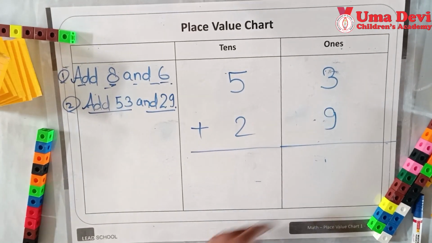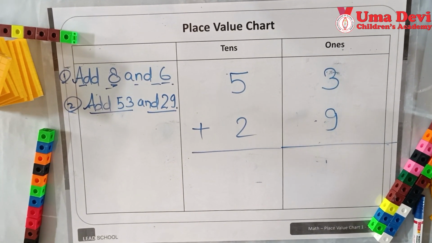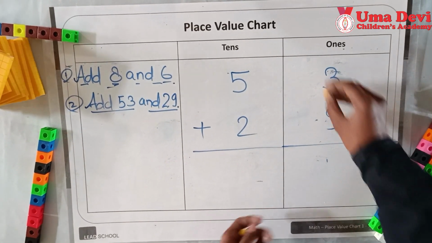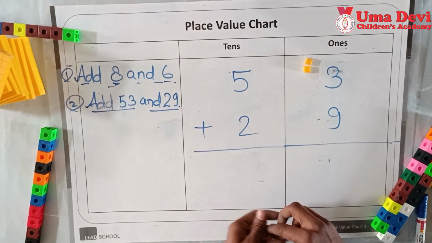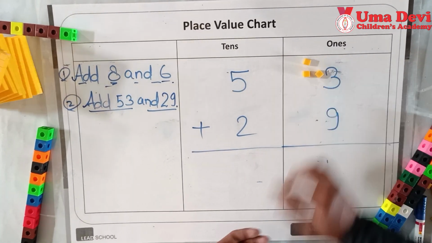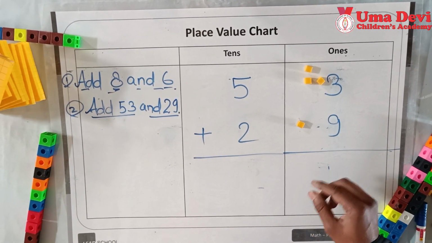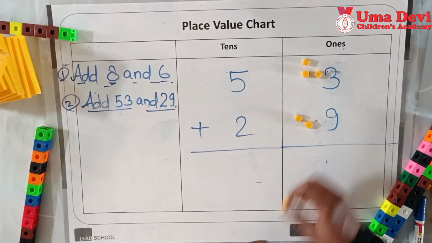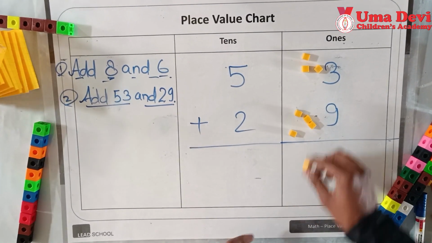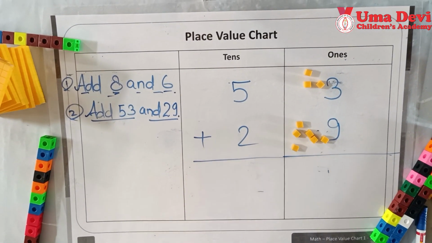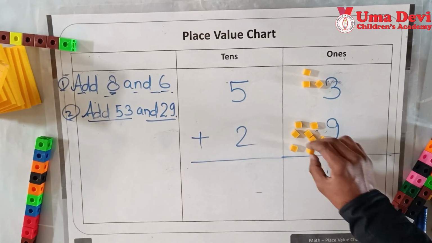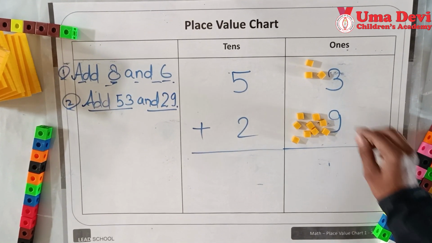For this 3 I am taking 3 ones blocks, 1, 2 and 3, right? For this 9 I am taking 9 ones blocks, sorry, ones blocks, 1, 2, 3, 4, 5, 6, 7, 8 and 9.